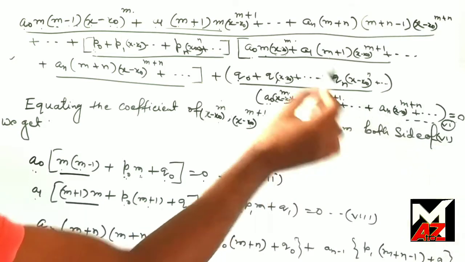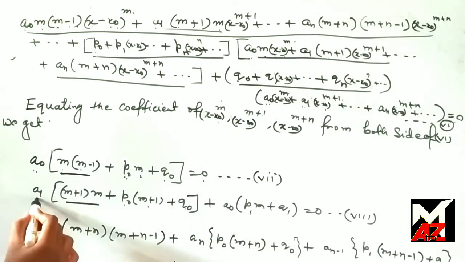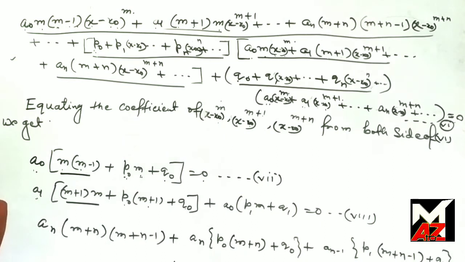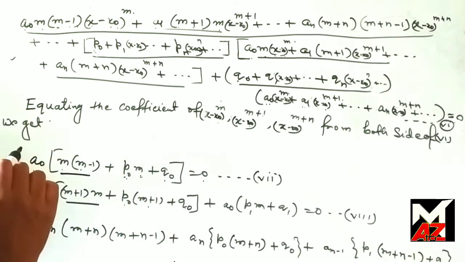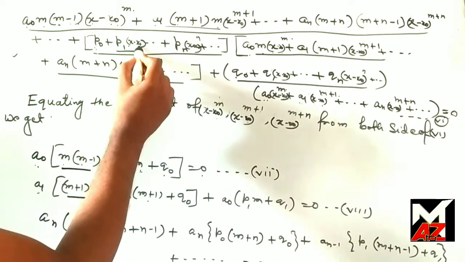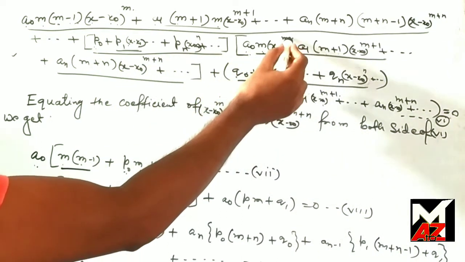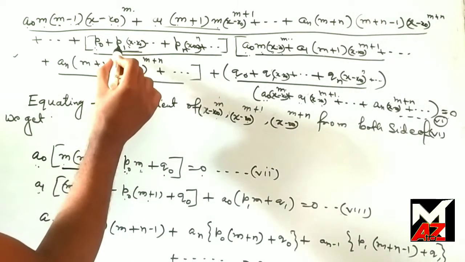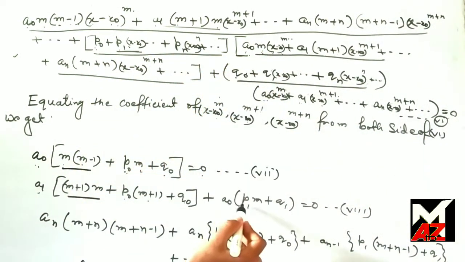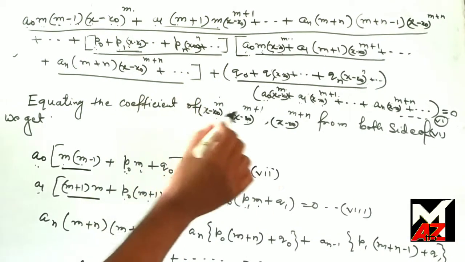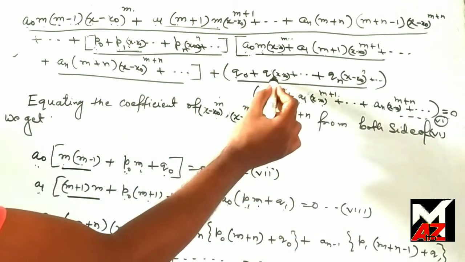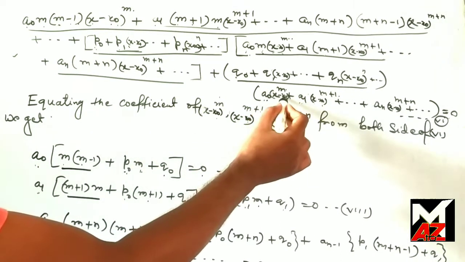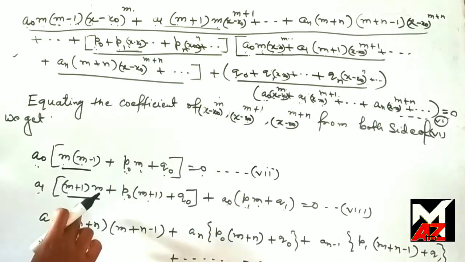Also we get another two coefficients, p1 into (x minus x0) into a0 m (x minus x0) to the power m, that is (x minus x0) to the power m plus 1. So the coefficient is p1 a0 m, and similarly q1 into a0. The sum is also equal to 0. This is 8.